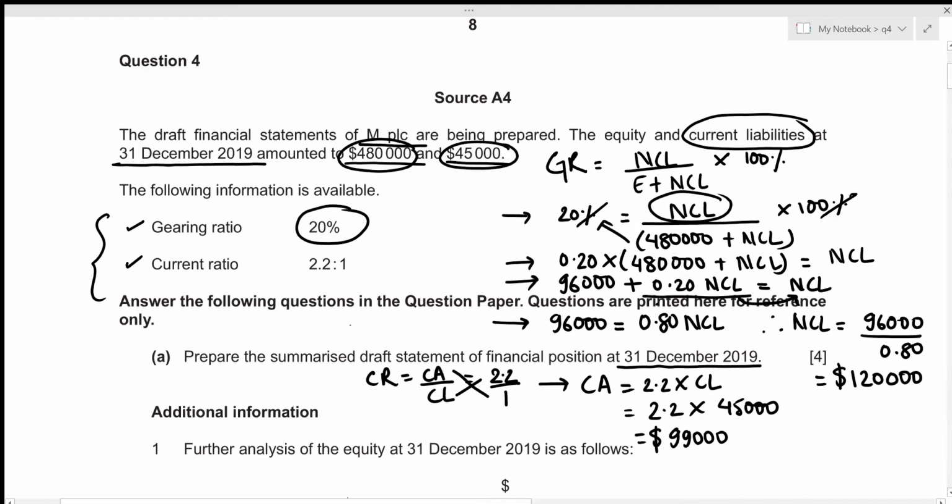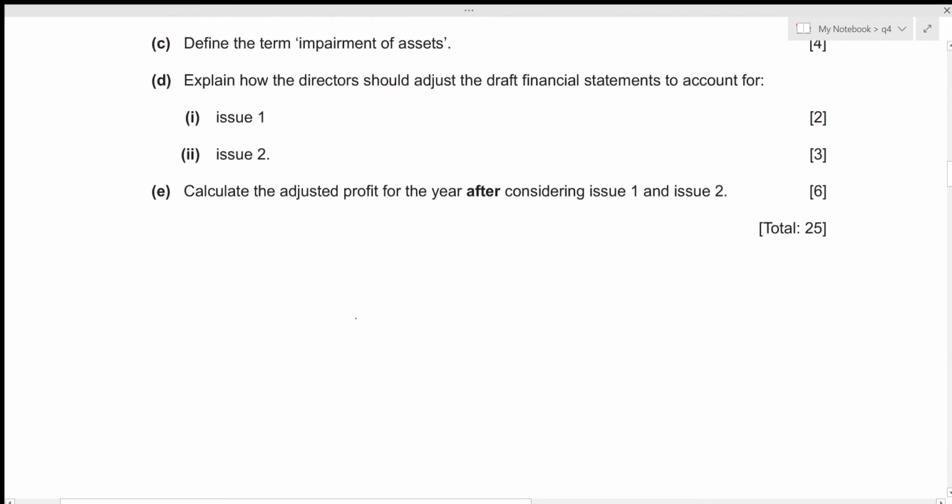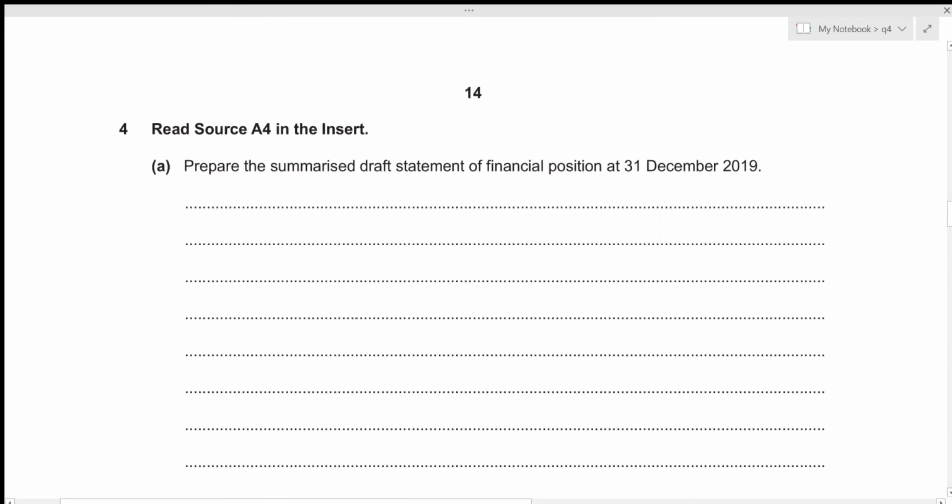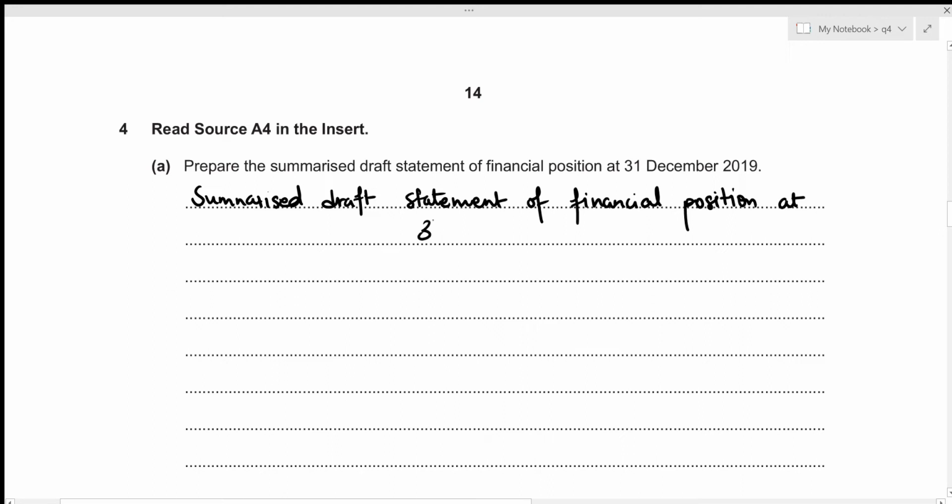Now we can move towards preparing our summarized draft statement of financial position at 31st December 2019. Okay, so let's write down the heading. This is the summarized draft statement of financial position at 31st December 2019.